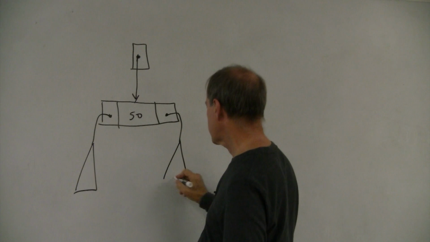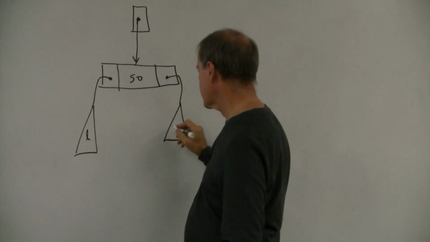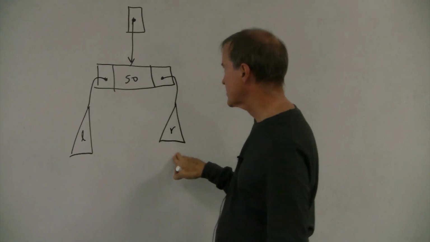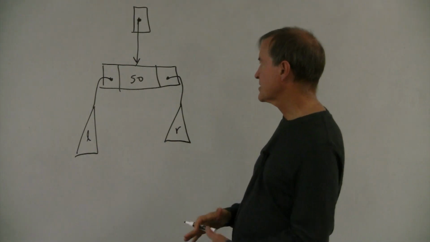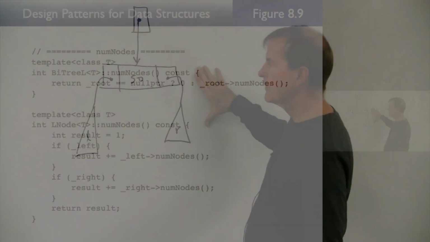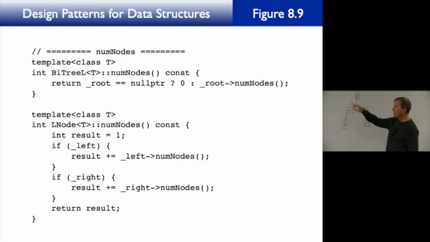So this is L and this is R. This is the left subtree and this is the right subtree. And the question is, how many nodes are in this tree? Well, look, if it's an empty tree, so if this is the null pointer, then how many nodes are in the tree? 0, so it returns 0.